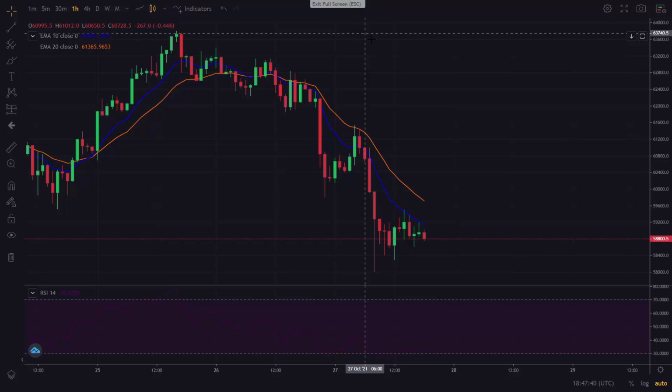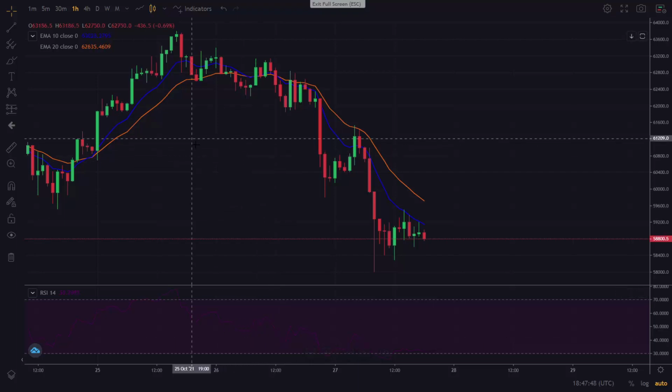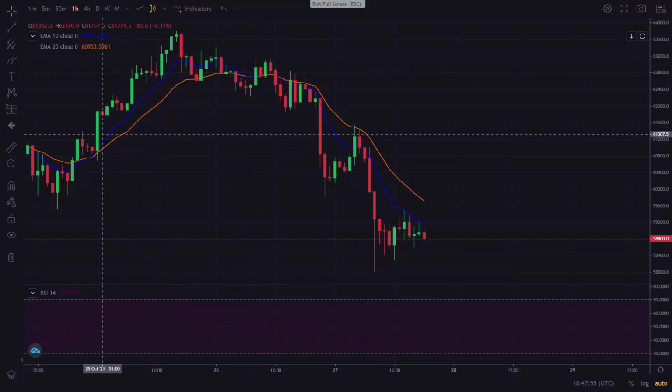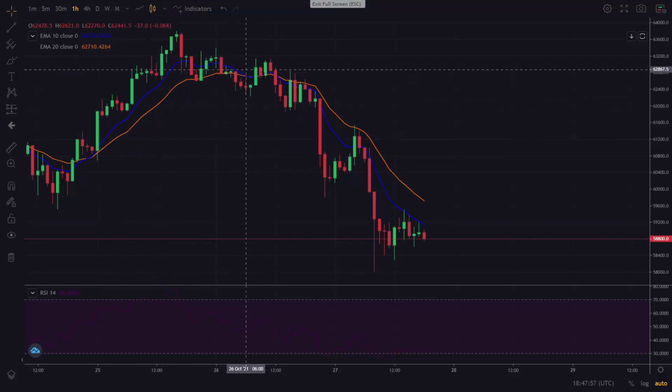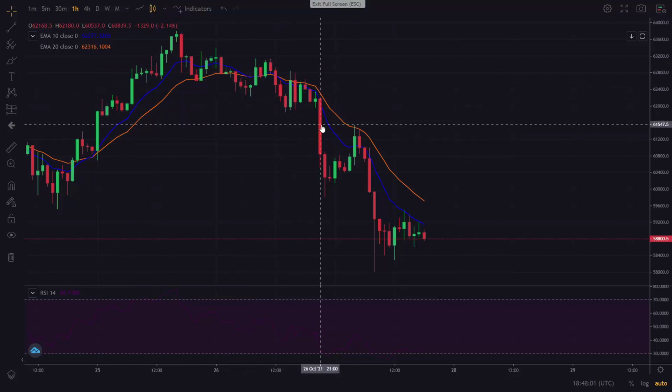Now, one thing that I want to speak about is the RSI. As I did mention, one way of setting your take profit point is by using points where we do have a cross in the opposite direction of your trade. So if you are in a long trade, when you get a cross where the 10 period EMA goes below the 20 period, showing that we're going into a downtrend, you can close your trade, or you can use the RSI.